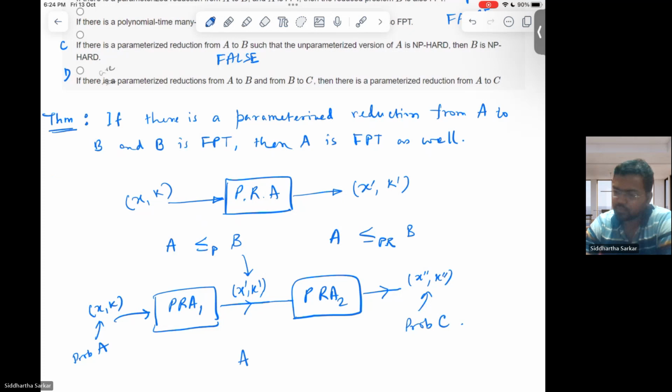That is the question. Is there a parameterized reduction from A to C?